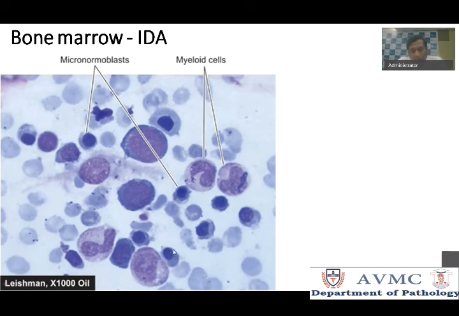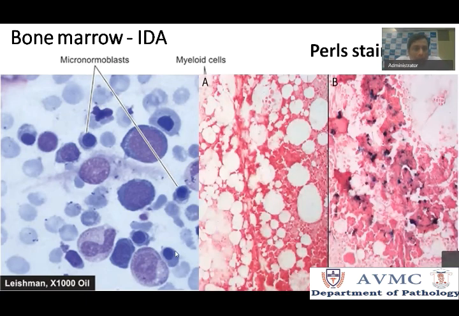But beyond this, the very gold standard test for saying yes, this patient has iron deficiency is demonstrating iron in the marrow. So this is a normal marrow where I have stained the marrow with a stain called Perls' Prussian blue stain. I repeat, Perls' Prussian blue stain, which will highlight the iron. All you see in blue-black, that is all iron, which has been highlighted. This is a normal marrow.